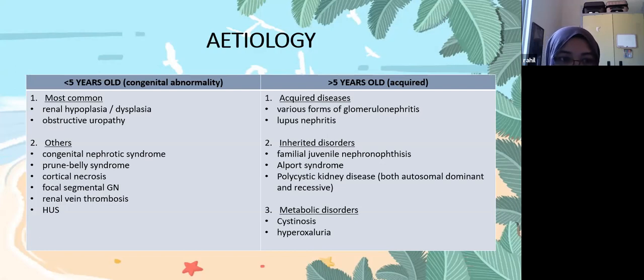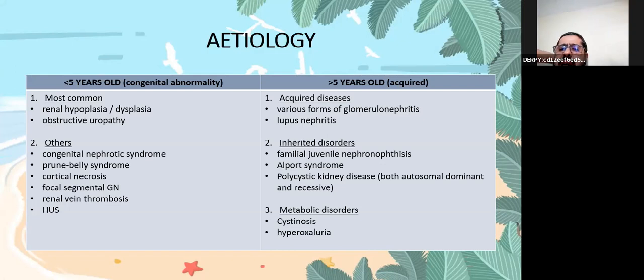In children less than 5 years old, it is most commonly due to congenital abnormalities, the most common one being renal hypoplasia and dysplasia or obstructive uropathy. Other causes can be congenital nephrotic syndrome, Drash syndrome, cortical necrosis, focal segmental glomerulosclerosis, renal vein thrombosis, or HUS.